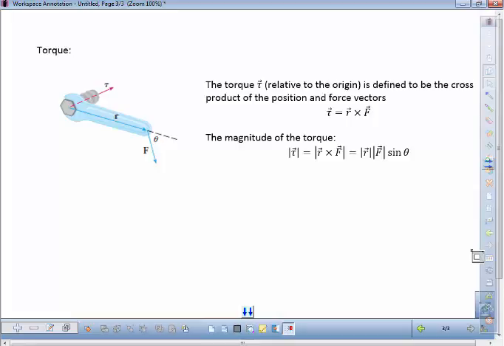You can think about the torque as a scalar, but when you look at the torque, it also can be seen as a vector. The torque relative to some origin is defined to be the cross product of the position and the force vectors.